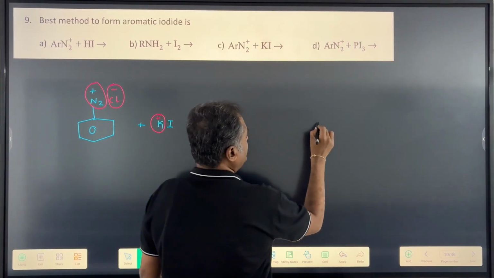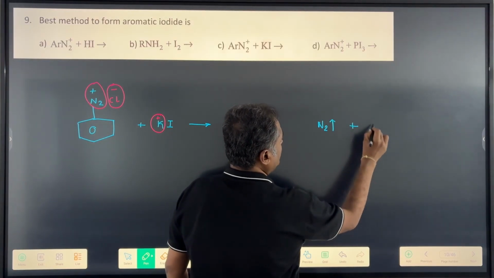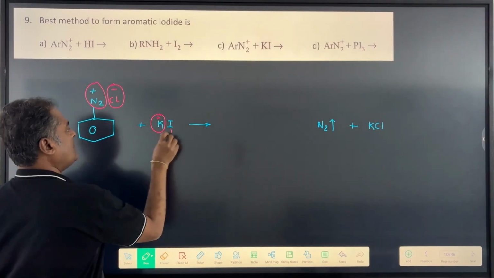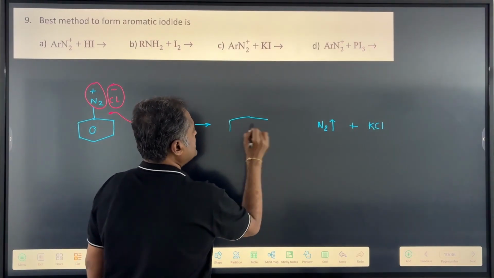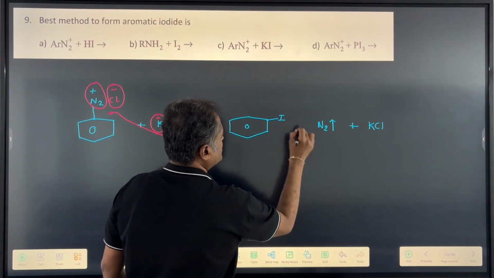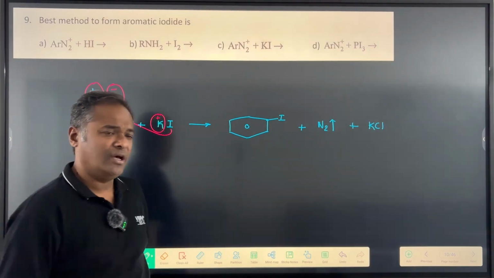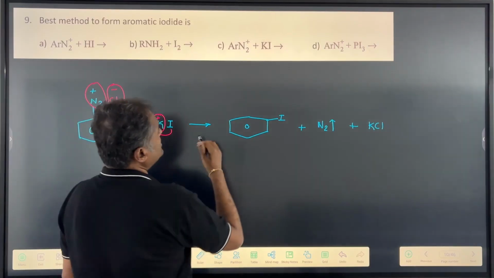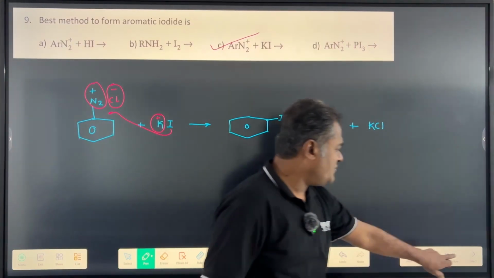So the byproducts obtained are N2 gas and KCl, and what is left out is iodine, which will attack the benzene. We get iodobenzene, and this is one of the good methods to prepare iodobenzene. Is that clear, child? Hope this question is clear to you. So the correct answer for our MCQ is option C. Let's proceed with the next question, child.